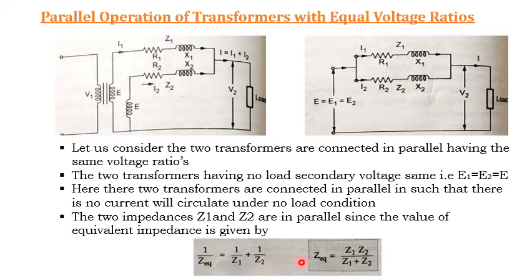This can be rewritten as Z equivalent is equal to Z1 Z2 divided by Z1 plus Z2. This you already know: just as for resistances connected in parallel, for impedances connected in parallel the equivalent impedance is Z equivalent equals Z1 Z2 divided by Z1 plus Z2.